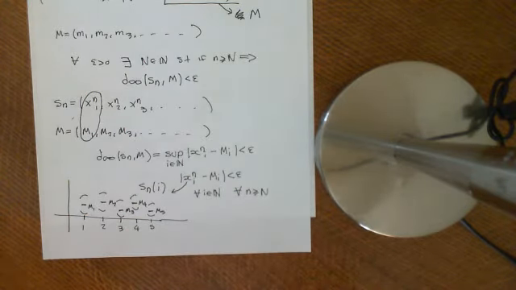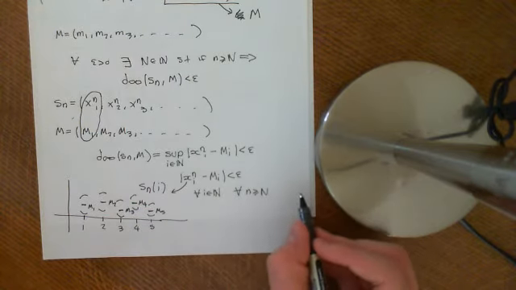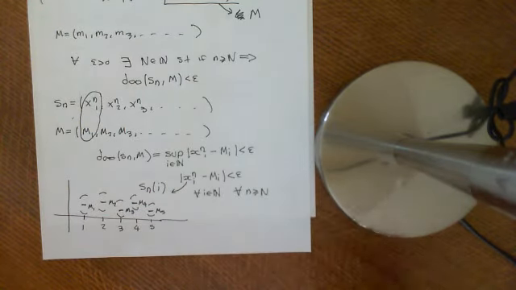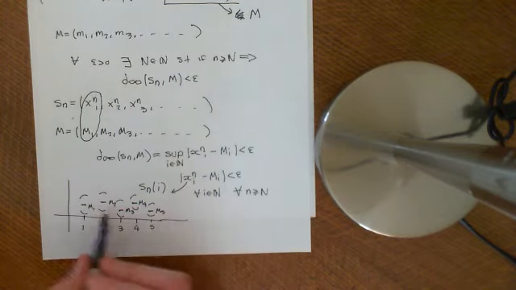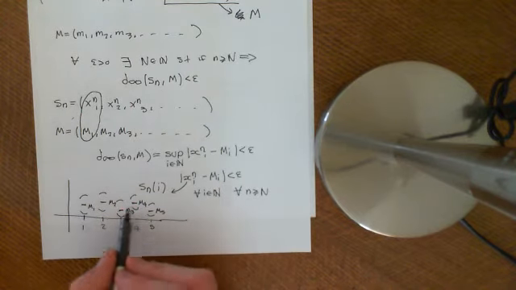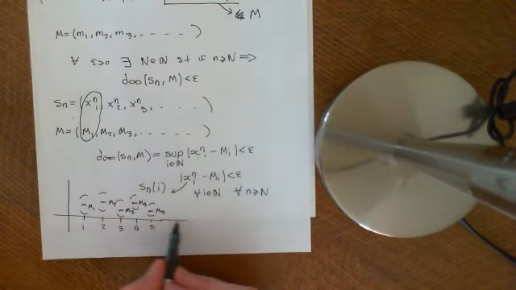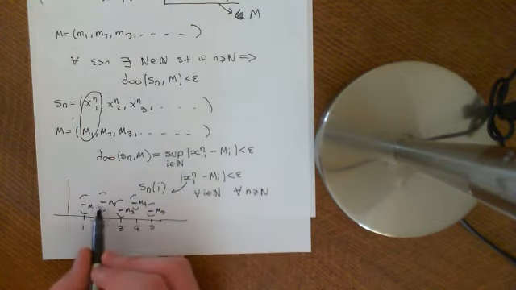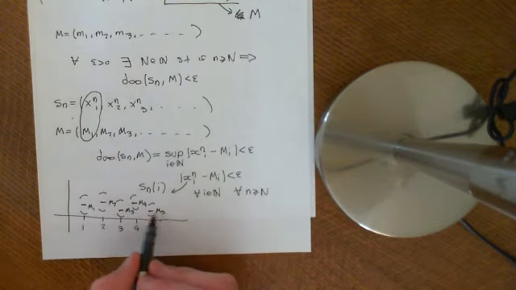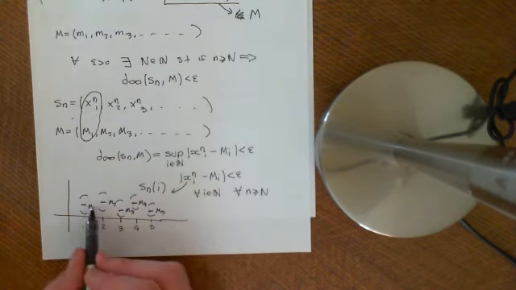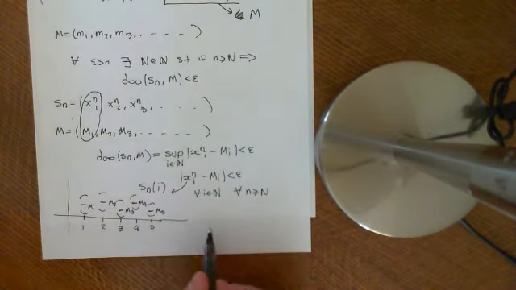We wanted to prove that there was a point in the sequence of sequences such that if you go beyond that point, those sequences map the entire natural numbers into an epsilon ball around the points which the limiting sequence maps the natural numbers onto.